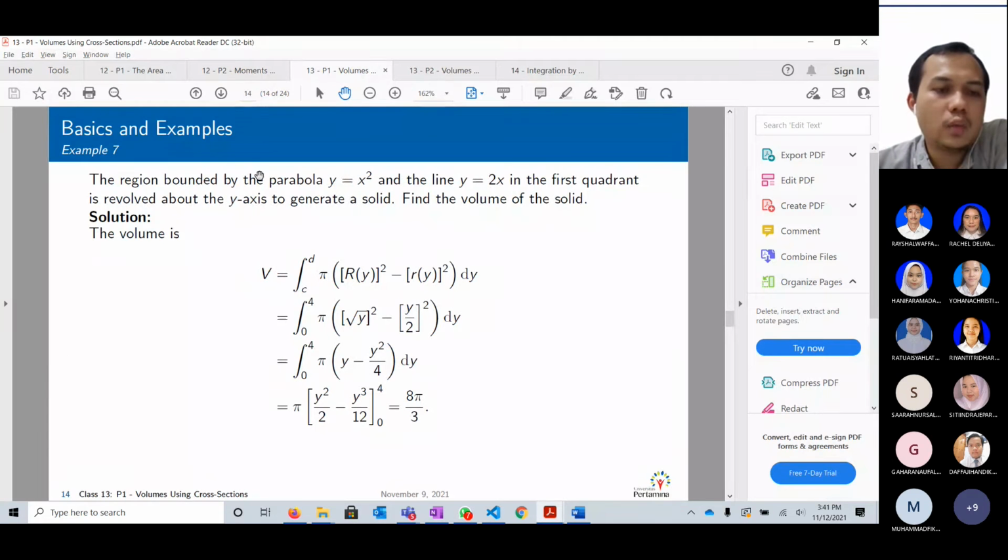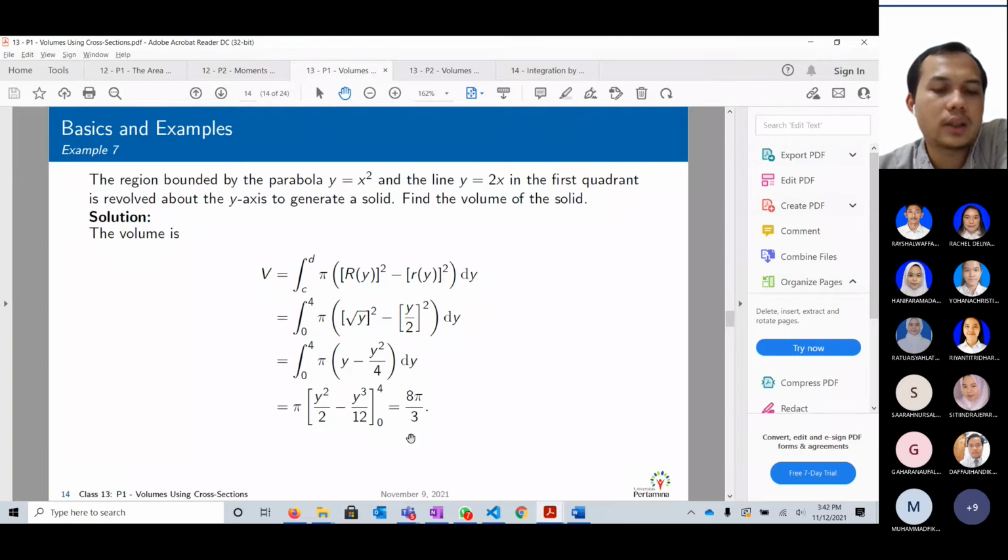Here, in this case, we revolve the area about the y-axis. Now the formula becomes like this. Basically, we just need to change x into y. And we know that from 0 to 4, square root of y is always greater than y over 2. So we have this equation for the volume.